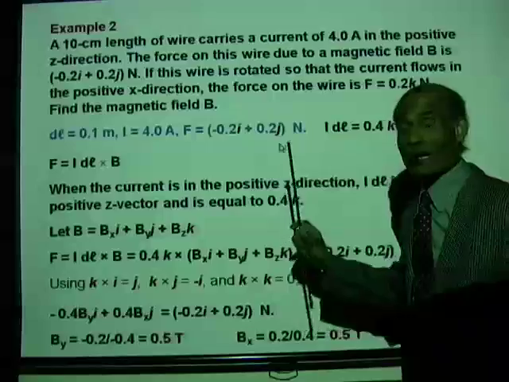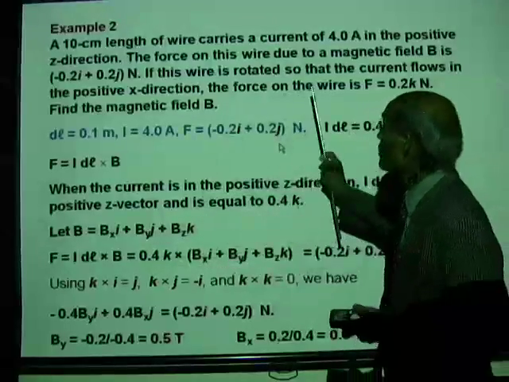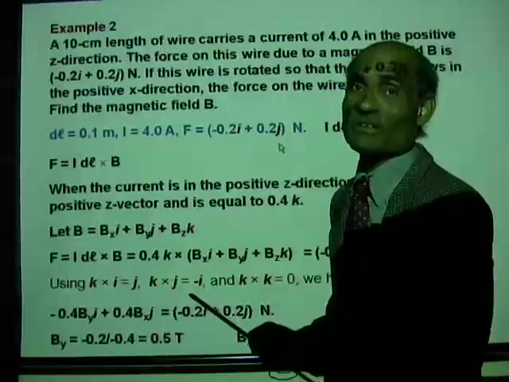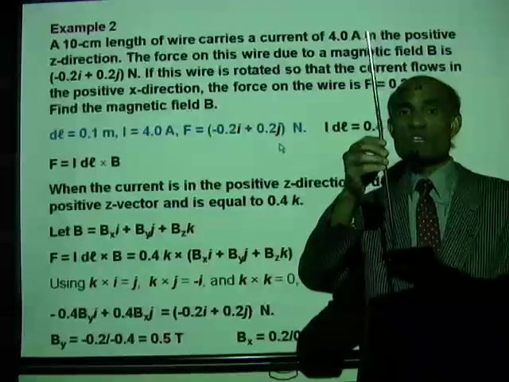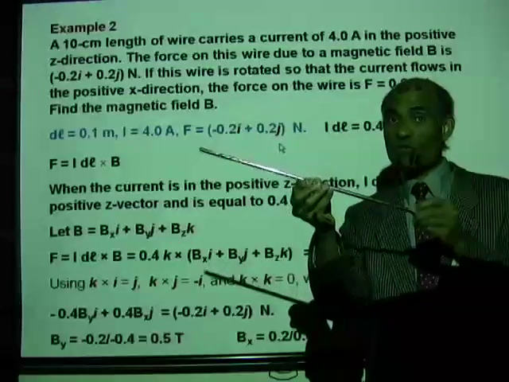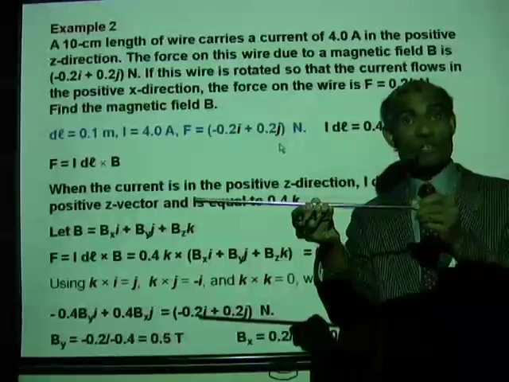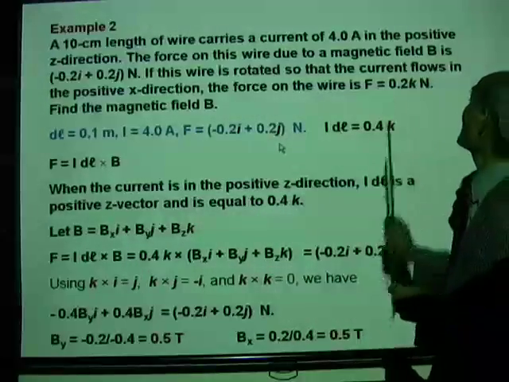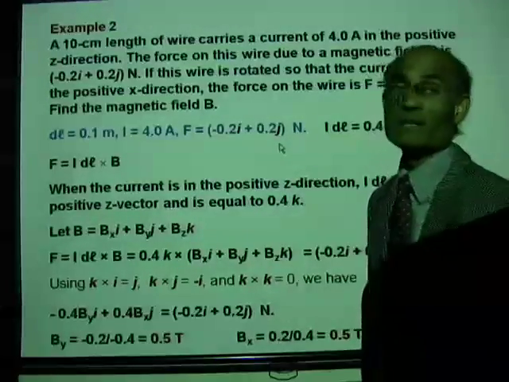Alright, can you go back and repeat the same process for the second situation? That is, when the conductor is rotated so that the current is now in the x direction, the new force is 0.2K. Let's use that.